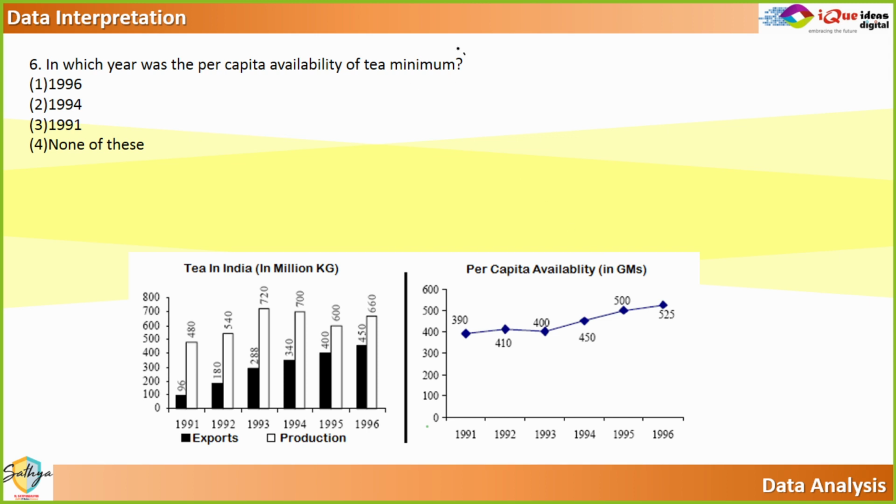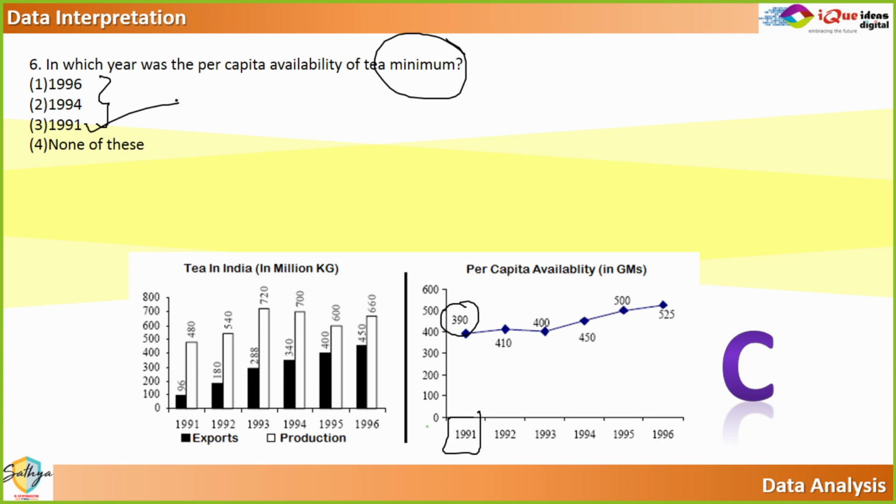Minimum per capita availability, of course, the smallest number is 390, which is 91, but the options are given upside down, so you have to be careful in marking. 91 is option C. That's it.